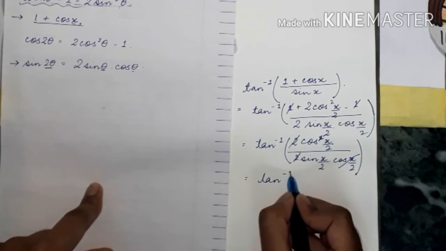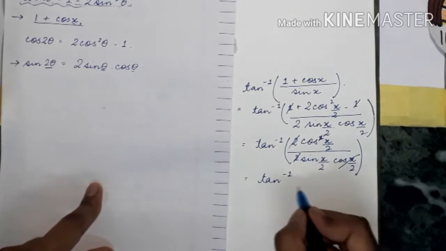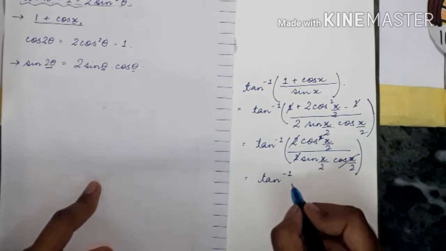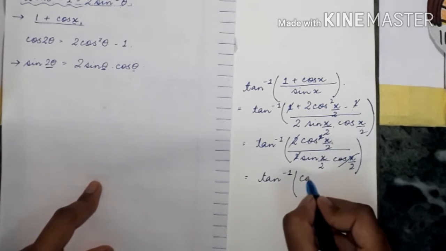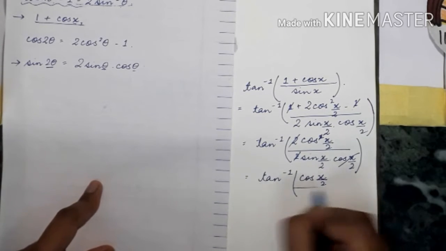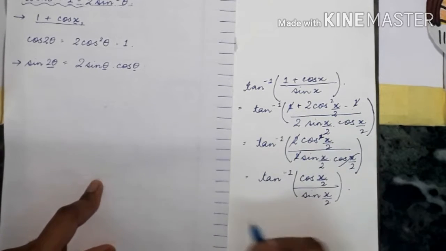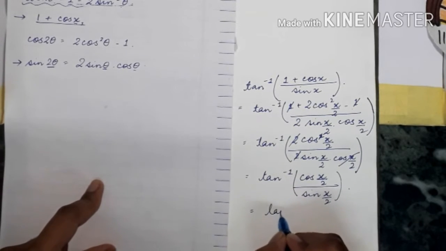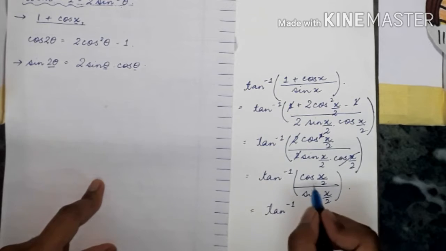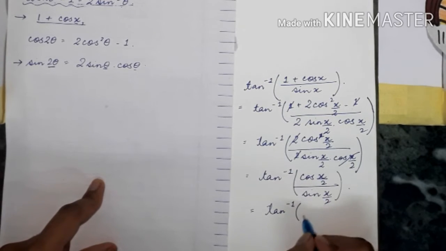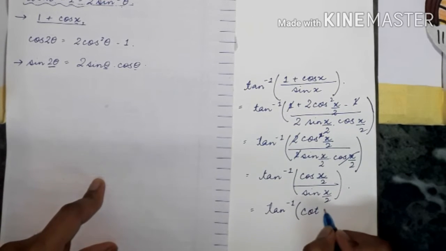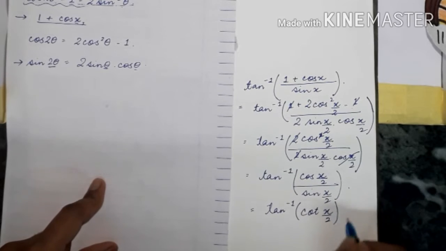Here you are getting cos theta upon sin theta, which is cot theta. See, cos x by 2 upon sin x by 2. Here you are not getting tan theta. What is it? It is cot theta, that means cot x by 2.